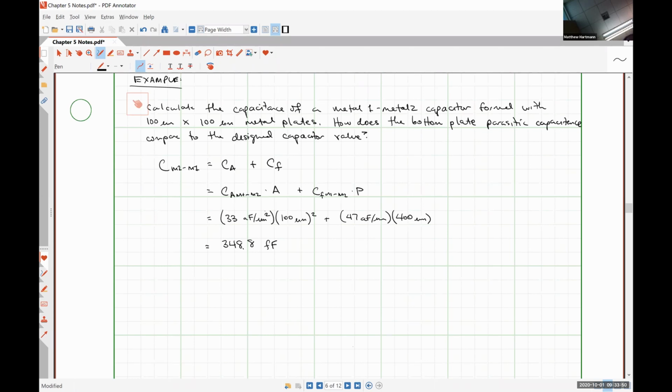Okay. Metal 1 substrate, we're going to have the same basic thing here. We're going to have an area component and a fringe component, times P. So let's pop over and look at what those values are going to be.